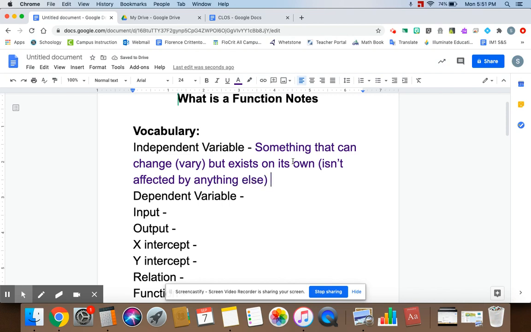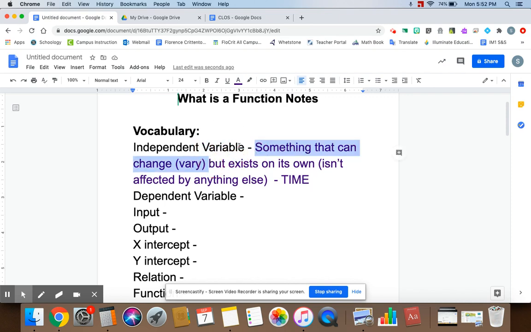So in math, the most common independent variable that we see is known as time, because time always passes. Nothing's going to affect time passing. Days are going to go by, minutes are going to go by. No matter what, things are going to keep going. So usually the independent variable in a situation is considered to be time. But the variables in math are things we don't know because they can always change.